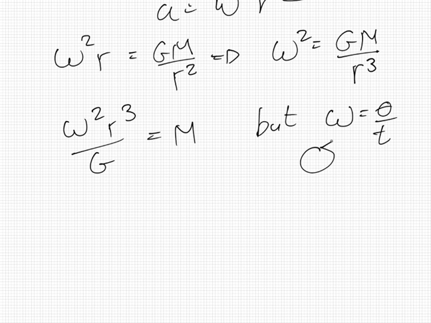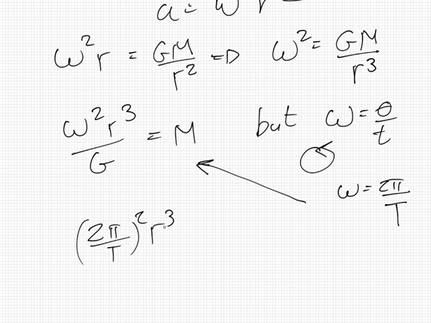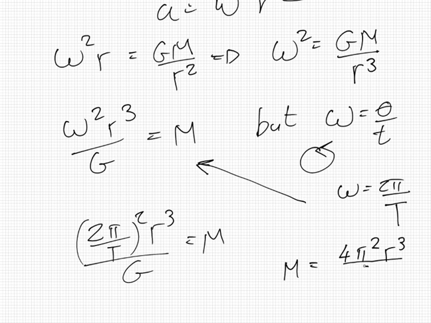So for one circle, it's omega equals 2 pi over, and I'll use the letter capital T to mean the time for one orbit, one circle, period T. So I put that in there, and I get (2 pi over T) squared, R cubed over G equals M. So I'm left with now M equals 4 pi squared R cubed over G T squared.